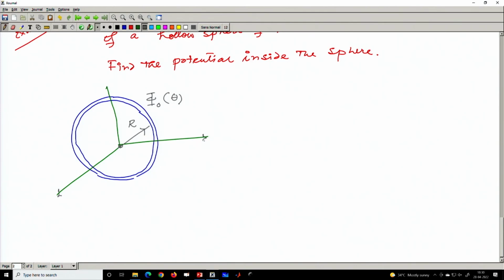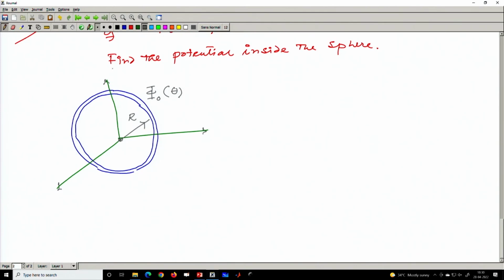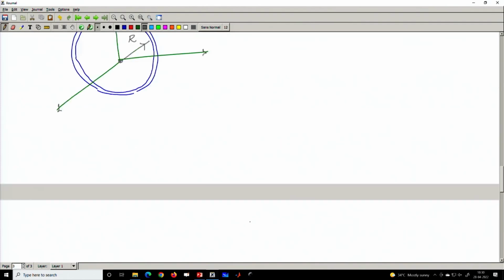So the solution, if I directly use it for this problem, the general solution phi, function of r and theta, is summation over L of A L r to the power L plus B L divided by r to the power L plus 1, multiplied by the Legendre polynomials.